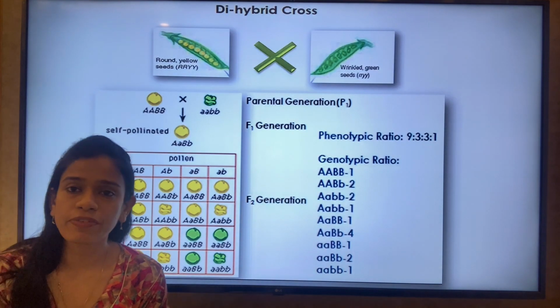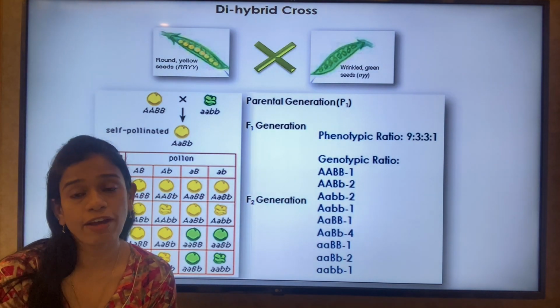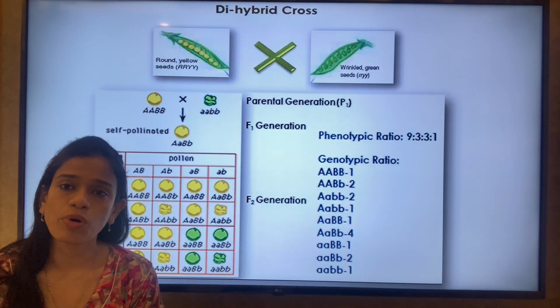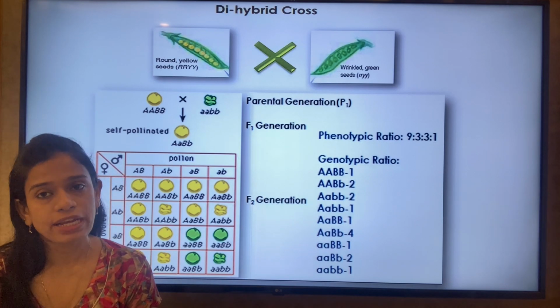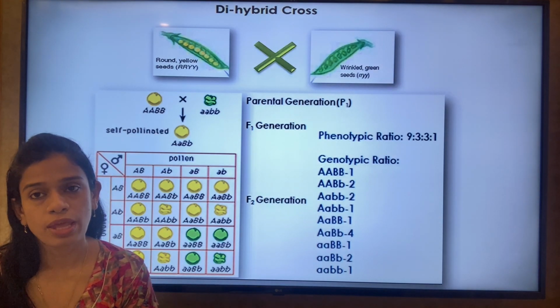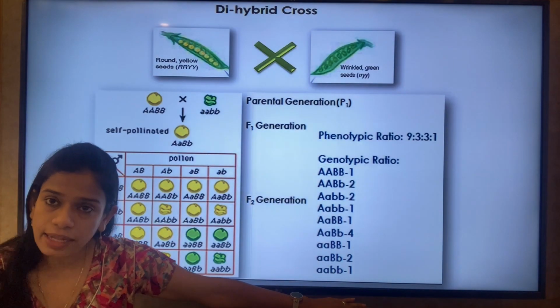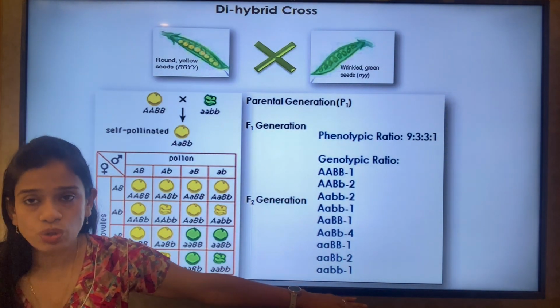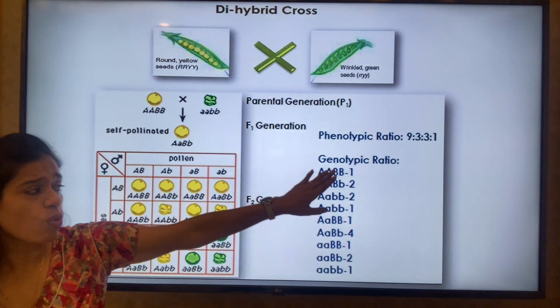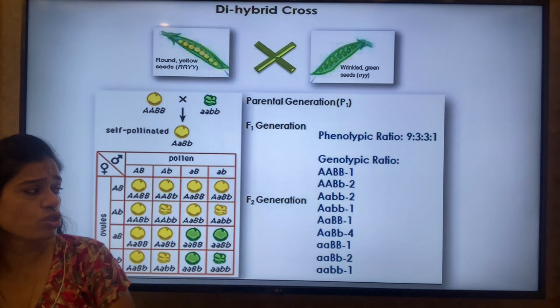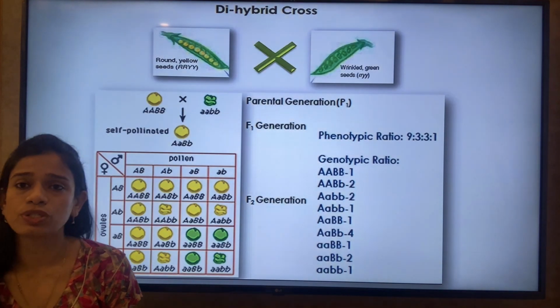9:3:3:1. This phenotypic ratio in a dihybrid cross for the F2 generation is a very important ratio from your examination point of view. Whereas the genotypic ratio is hardly asked, but you should also know about it. That is 1:2:2:1:1:4:1:2:1.